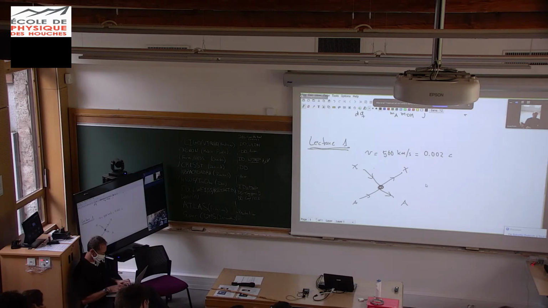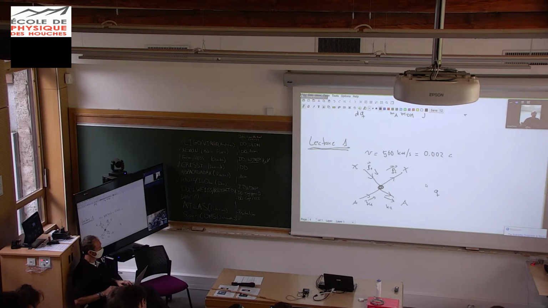Let's call the dark matter momenta P1 going in and P2 going out, and for the nucleus, K1 goes in and K2 goes out. Then we define the momentum transfer as the difference K2 minus K1, the final nucleus momentum minus the initial nucleus momentum. By momentum conservation, that's the same as P1 minus P2.